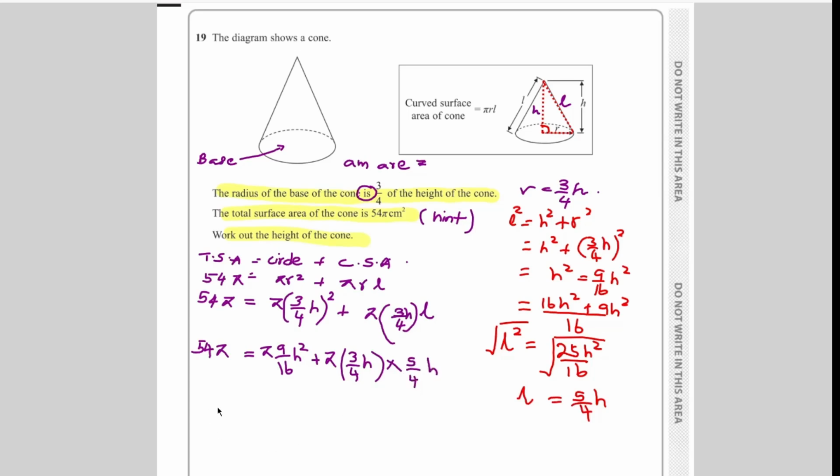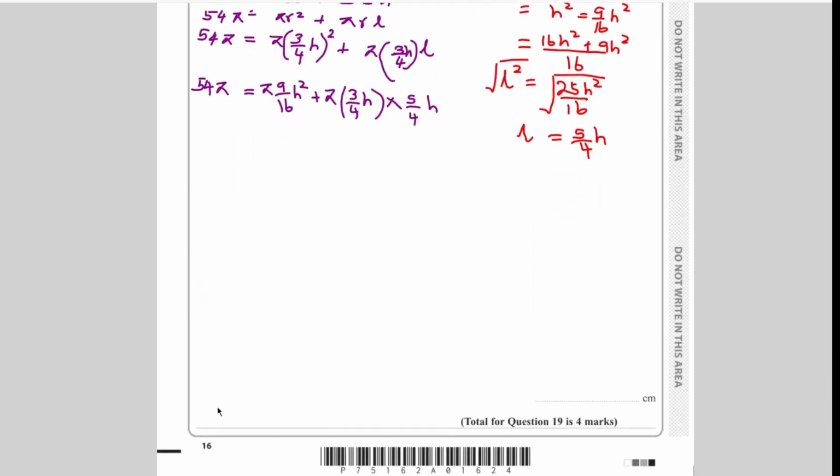So let's simplify this one now. 54π equals π, 9/16 h squared, plus π, 3 into 5, 15/16 h squared. Now I'm dividing the whole equation by π, then π will cancel out here.